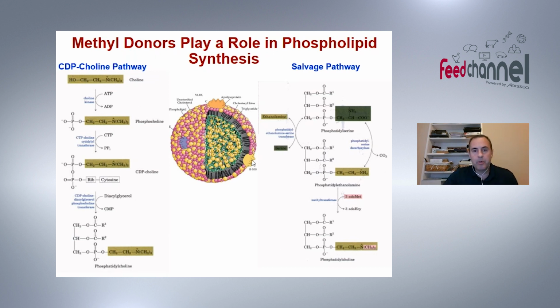So for example, here I illustrate a compound called very low density lipoprotein that is secreted by hepatocytes to carry triacylglycerol and cholesterol esters from the liver into the general circulation to redistribute lipids to other tissues.